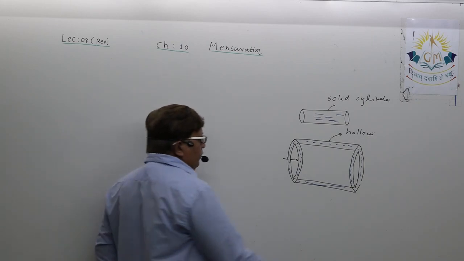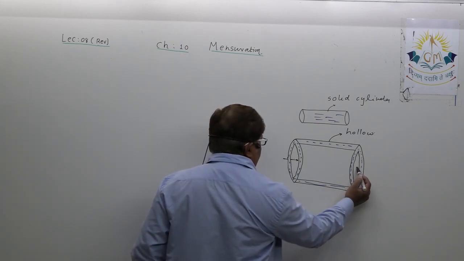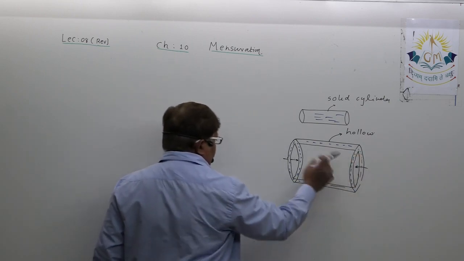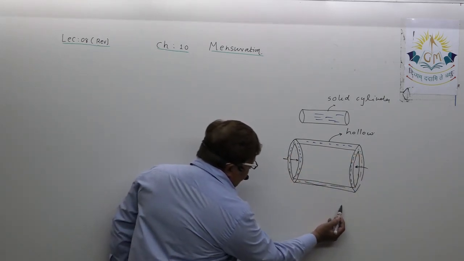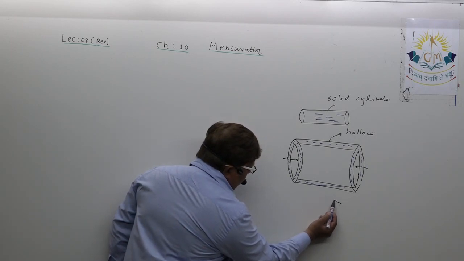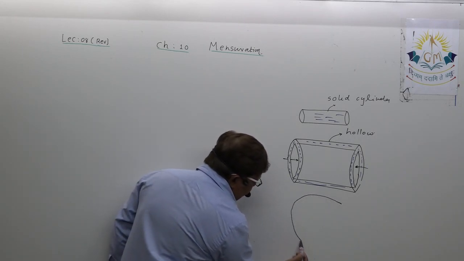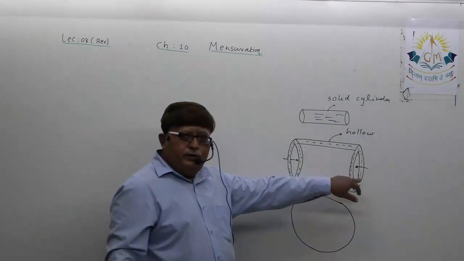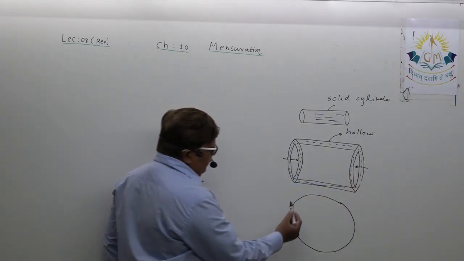So what is actually going to happen, dear student, in solving this example? If you just look at the pipe from the front, as I am showing, it looks circular, definitely. From the front we are trying to see, okay?